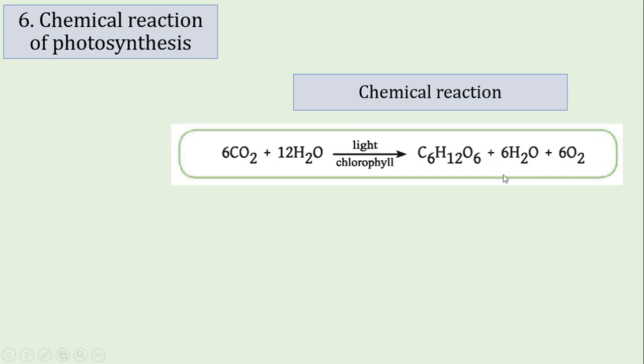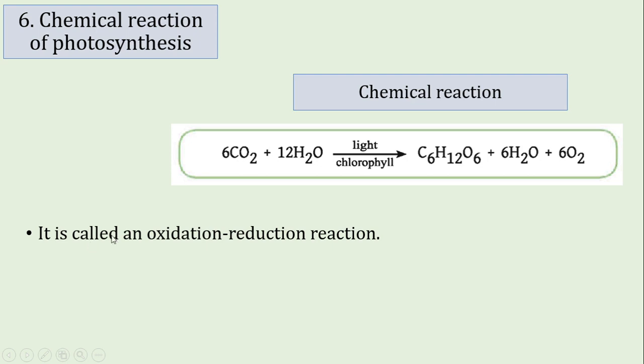So when you provide the chemical reaction of photosynthesis, you must write the total chemical reaction. You should not subtract this 6H2O from the left side. You should write the total chemical reaction, and then it will make sense that 12H2O is initially used up and then 6 water molecules are again generated later on.